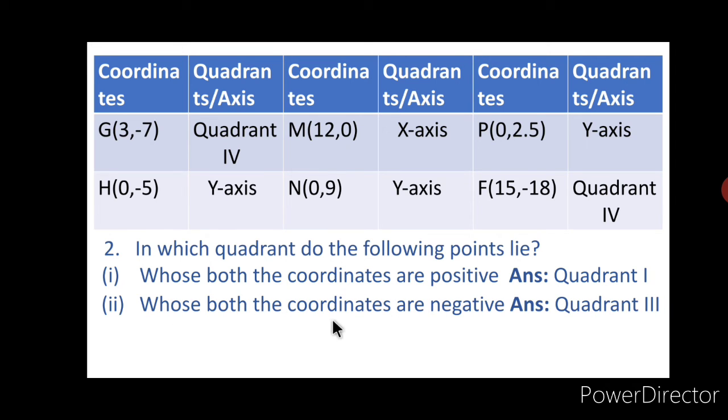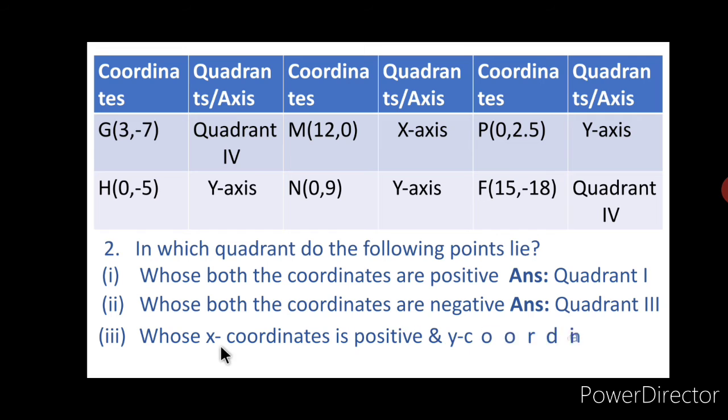Whose both the coordinates are negative. When both the coordinates are negative, then that point lie in the third quadrant. Whose x coordinate is positive and y coordinate is negative, then this point lie in the quadrant number 4.